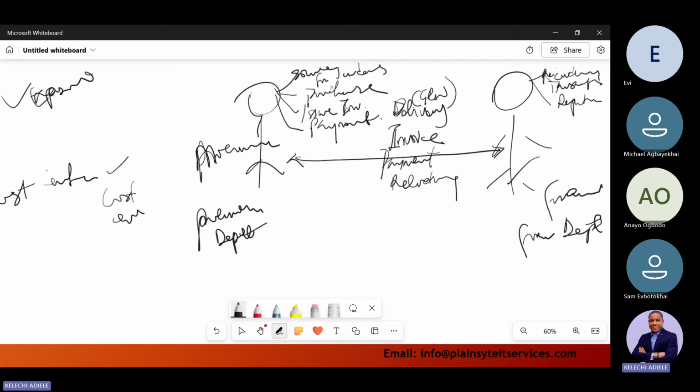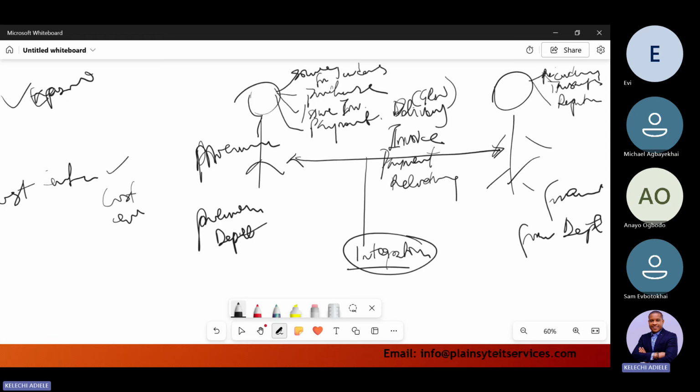So the procurement department is a department on its own, doing its own thing. The finance department is a department on its own, doing its own thing. But at some point, both of them will need each other. And this is what integration is all about. Integration is where they shake hands, where they now will need to work together.